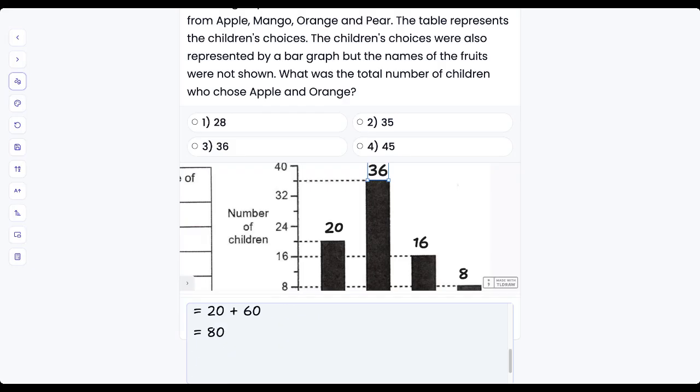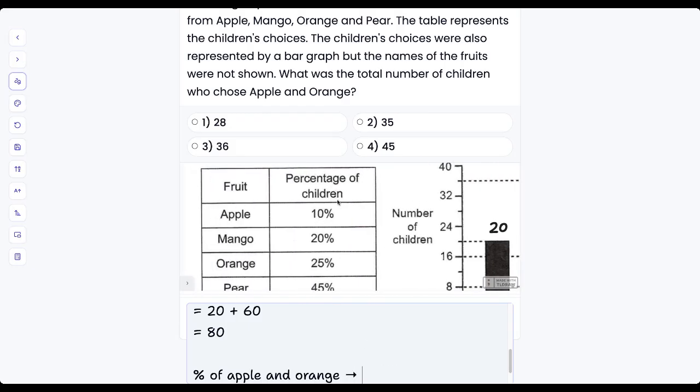All right. So the percentage of apple and orange is equal to: apple is 10 and orange is 25, so this will be 35%.